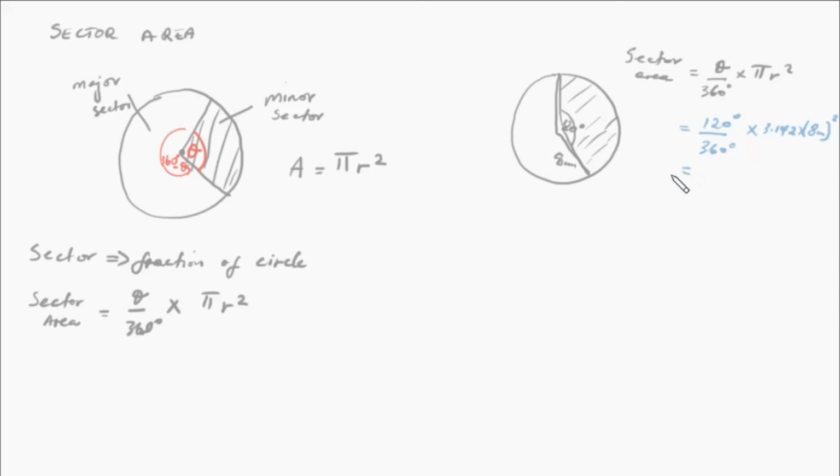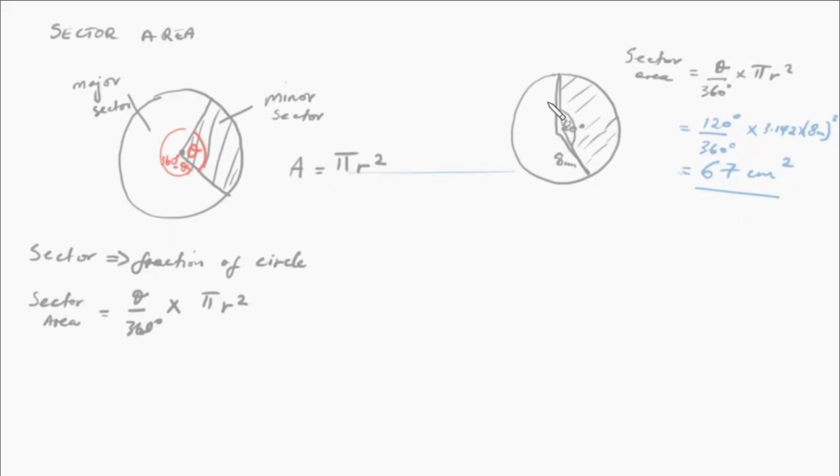So you will multiply 120 by 3.142 and multiply that by 64 centimeters squared. Then you will get a value and divide that value by 360. You get 67 centimeters squared. That's the area of this sector here.